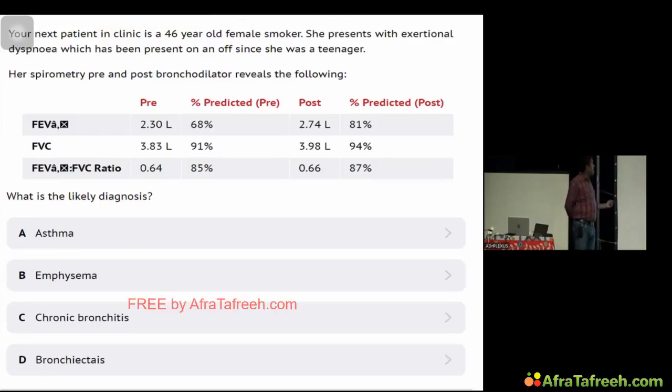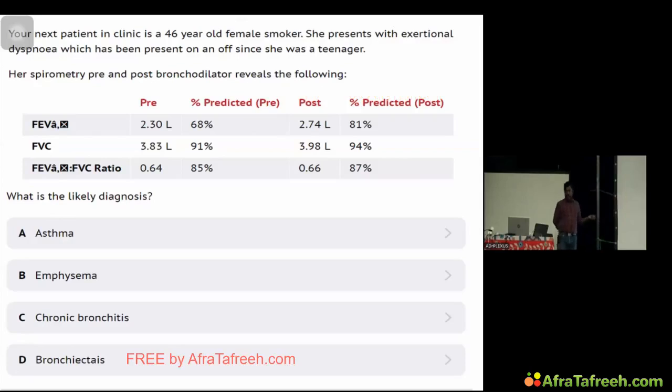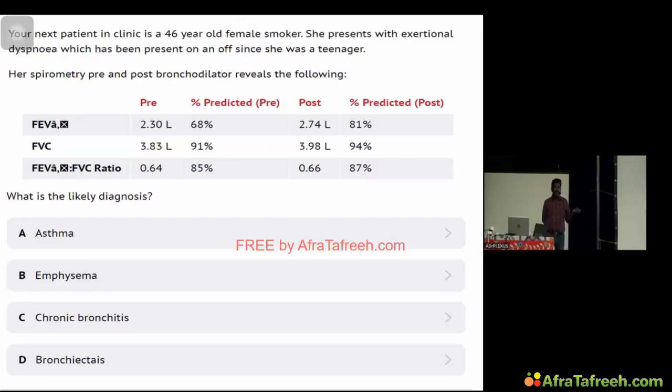But here, since she developed symptoms as a teenager, she has some kind of emphysema which occurs due to genetic mutation, which is due to alpha-1 antitrypsin deficiency. This indicates a case of emphysema due to genetic involvement, which we will see later. So the answer is going to be here. Most probably emphysema is a better option than all the other options.